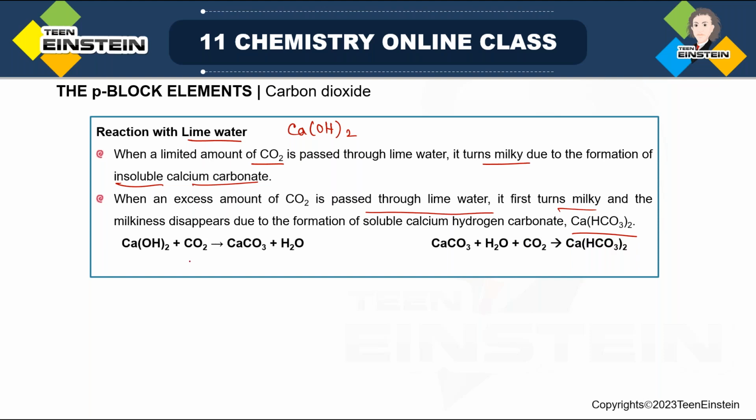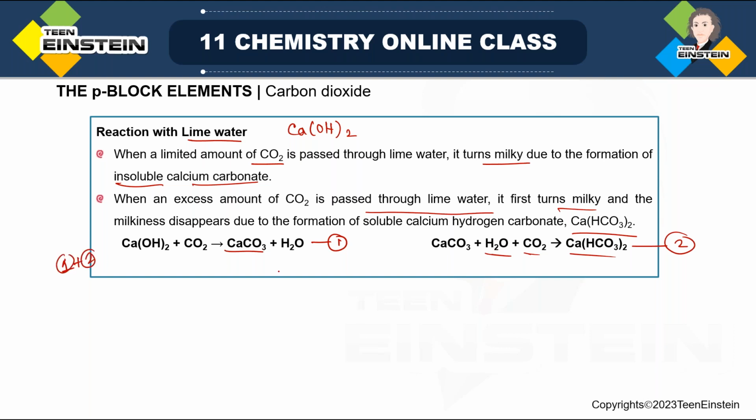So this is the reaction: Ca(OH)2 plus CO2 gives CaCO3. And if this CaCO3 is formed and we again pass some more carbon dioxide, there is formation of calcium bicarbonate. Now, if this is reaction number 1 and this is reaction number 2, suppose you add these two equations, 1 plus 2.